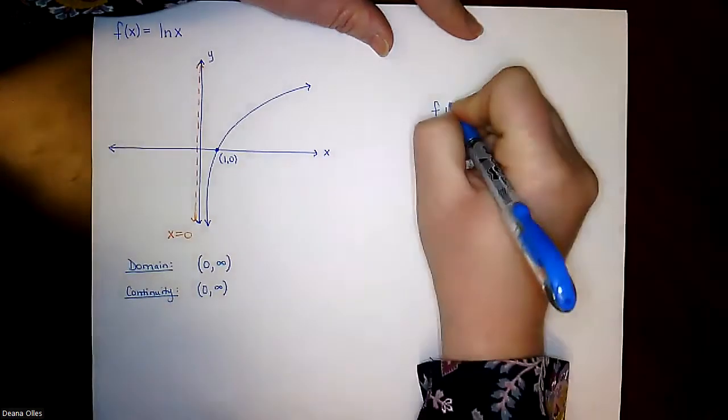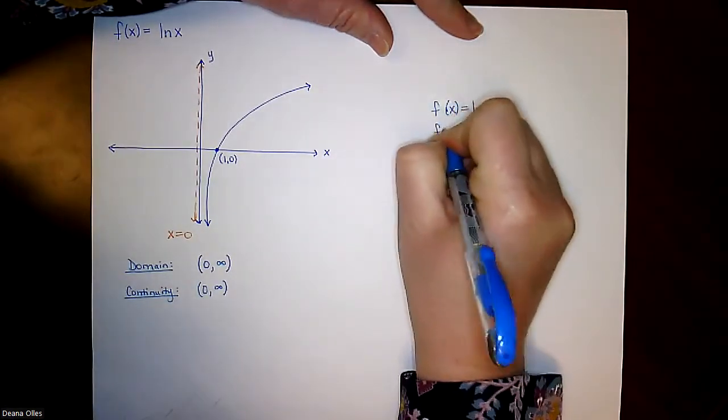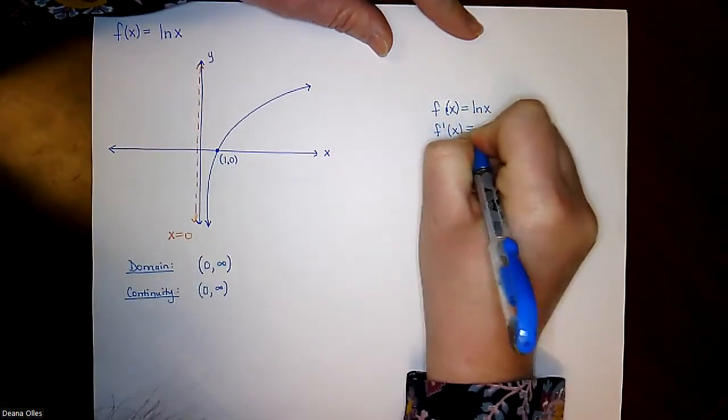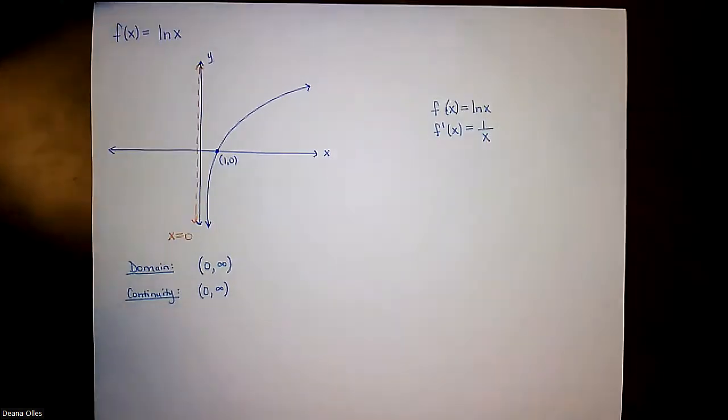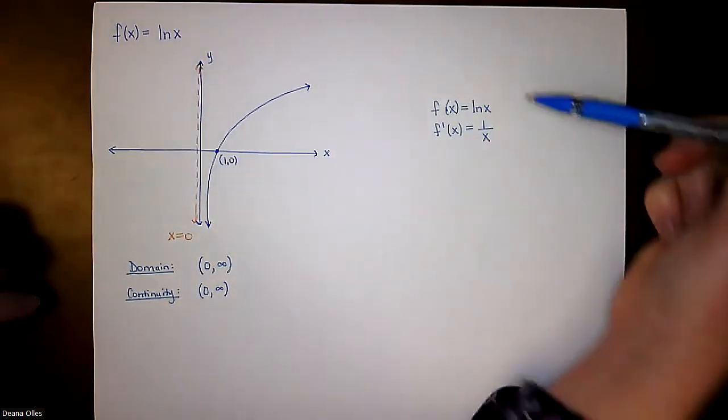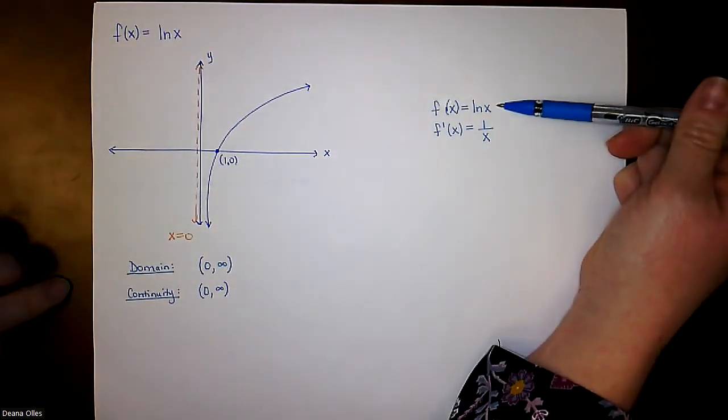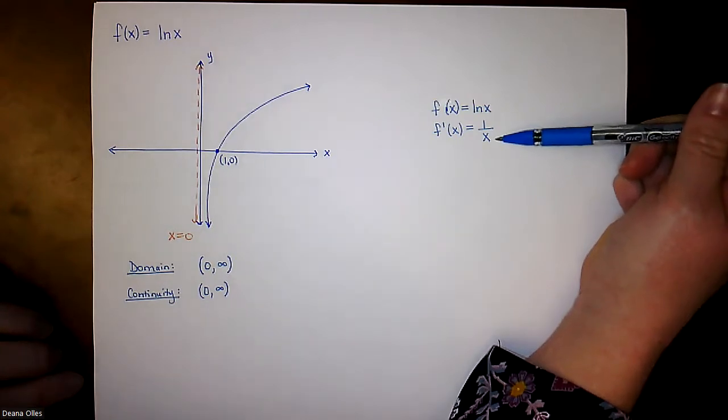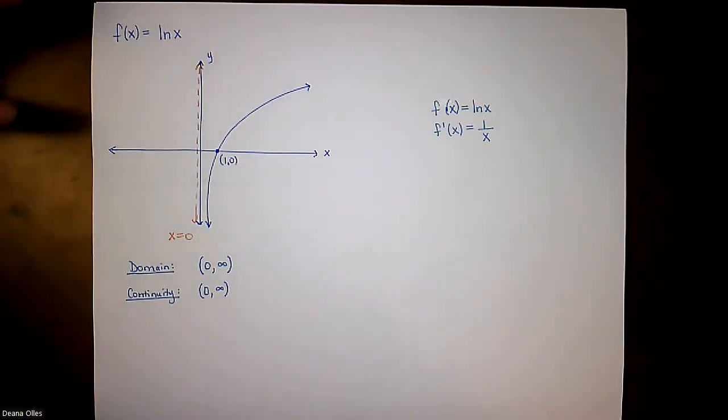Okay, so taking the derivative of the natural log of x will give us f prime of x equals 1/x. Now we have to be careful here because if x couldn't be negative to begin with, it can't be negative now. We can't just all of a sudden allow negative numbers.